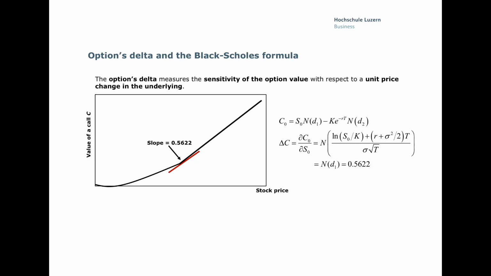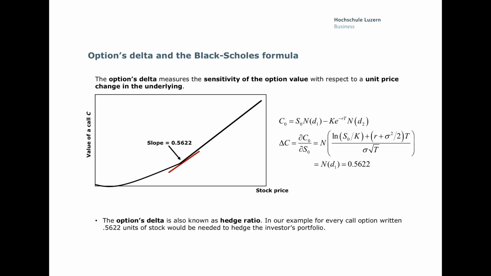Mathematically, the option delta is the derivative of the call price with respect to the underlying stock price. You can also interpret the option delta as the slope of the curve that relates the option price to the underlying stock price. When doing the computation, the option delta derived from the Black-Scholes model corresponds to N of D1, which means if the price of the underlying asset increases by $1, the price of the call option increases by $0.5622.